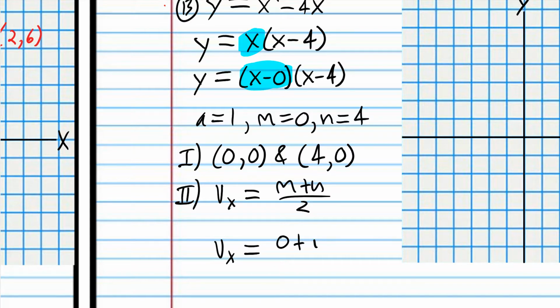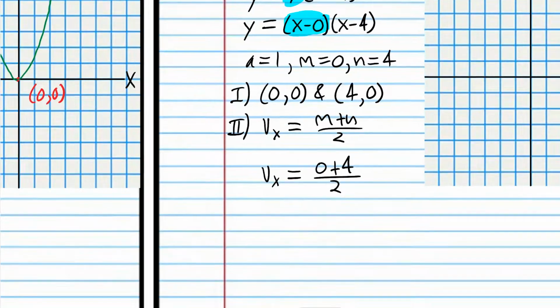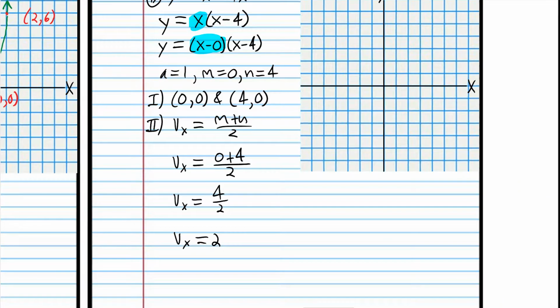And now we just have to find the x value of the vertex, and we don't really have to use this formula, but I'm going to go ahead and use it just so you know how it's applied. So we have 0 plus 4 over 2, and we have 4 over 2, which is 2. Again, you don't have to show these steps. You don't even have to use that formula if you don't want, because you can see the midpoint between 0 and 4 is obviously 2.